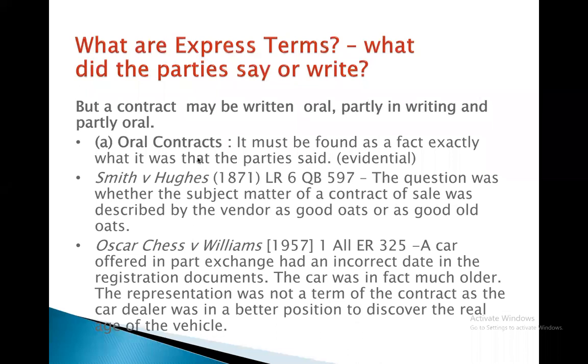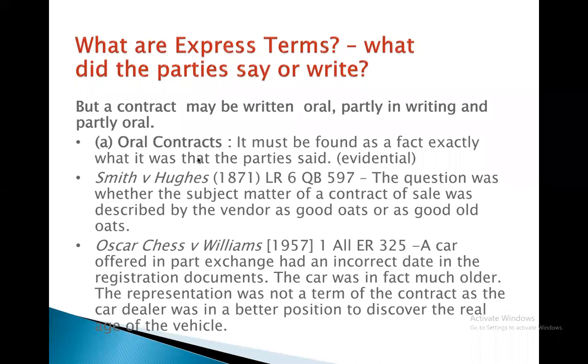Quite apart from Smith and Hughes, we see another example of where the court needed to determine what the parties actually said to each other during the contract. I'm referring to the case of Oscar Chess against Williams.